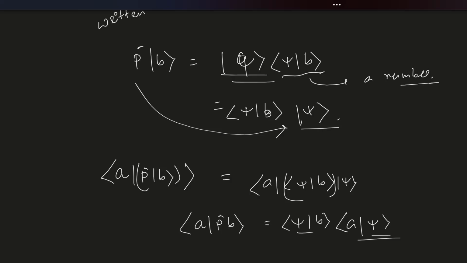Now what happens if you take P A and then sandwich it with the B bra vector?